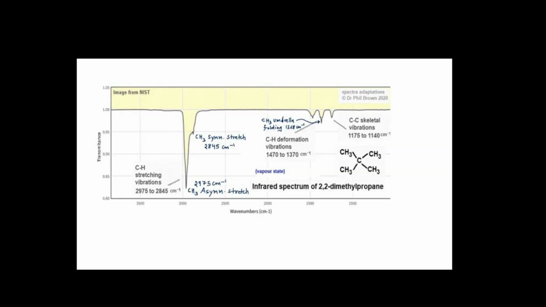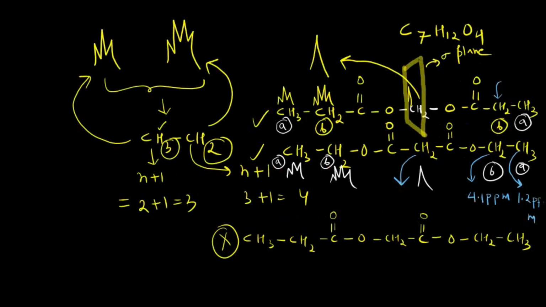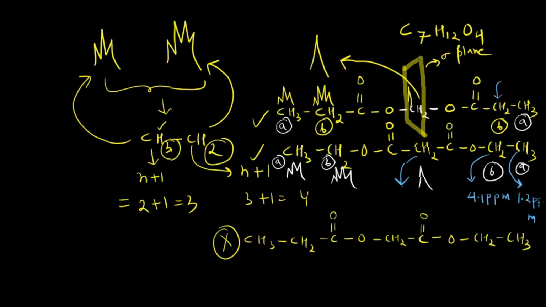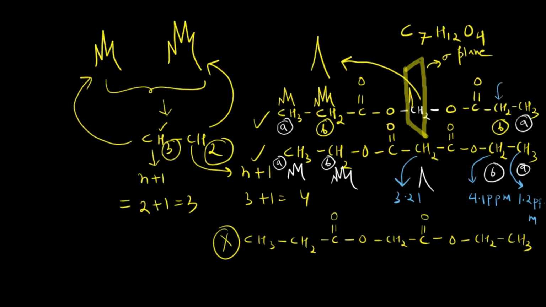Quite good, 3.2 ppm I can write for this one. Now we can see this CH2 is connected with the oxygen here, and similarly this CH2 is also connected with the oxygen here.